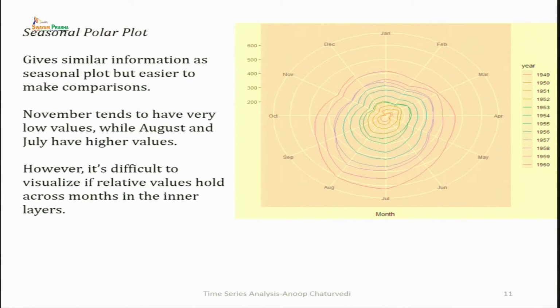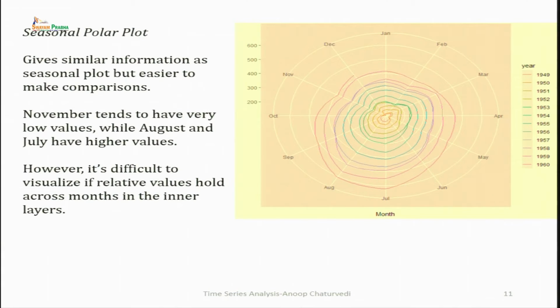Then the seasonal polar plot. In the seasonal polar plot, we start from the first observation. Say we have started from the year 1949. Here also we are plotting that airline air passengers data set on the polar plot.